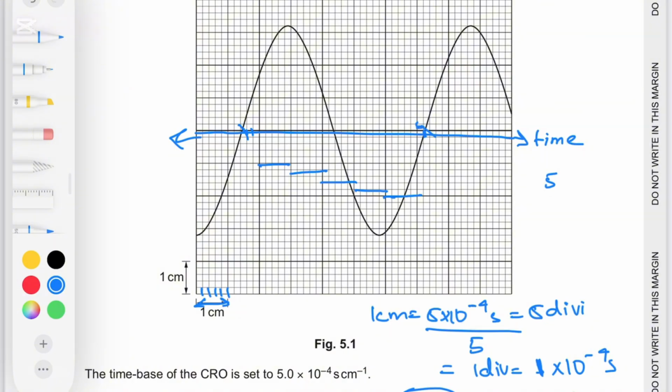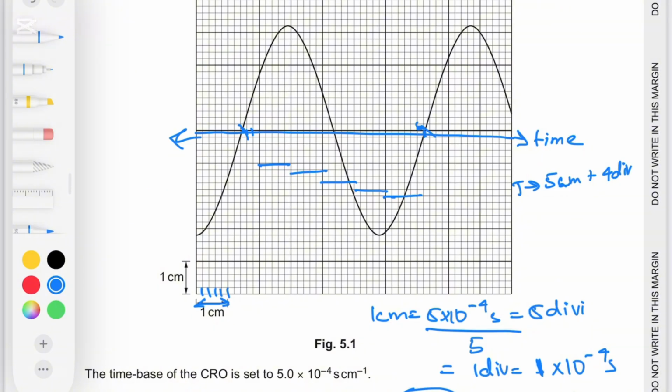This one over here is a bit more than 1, so that accounts for the small subtraction that you can almost see from the last unit. So that's 5 centimeters plus 4 divisions. That's how long the time period is.